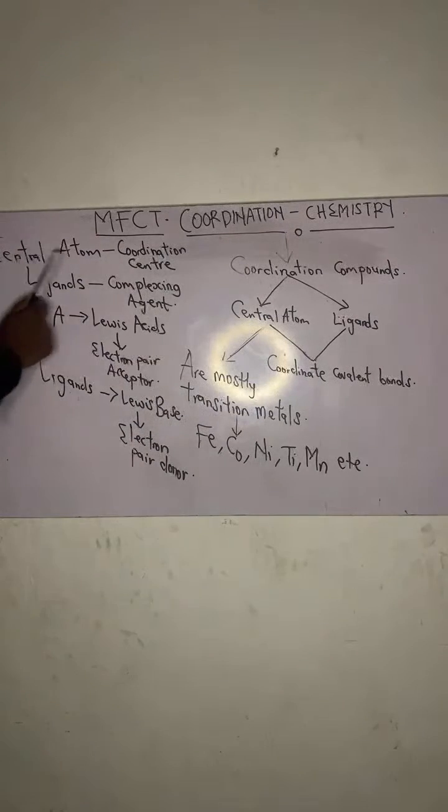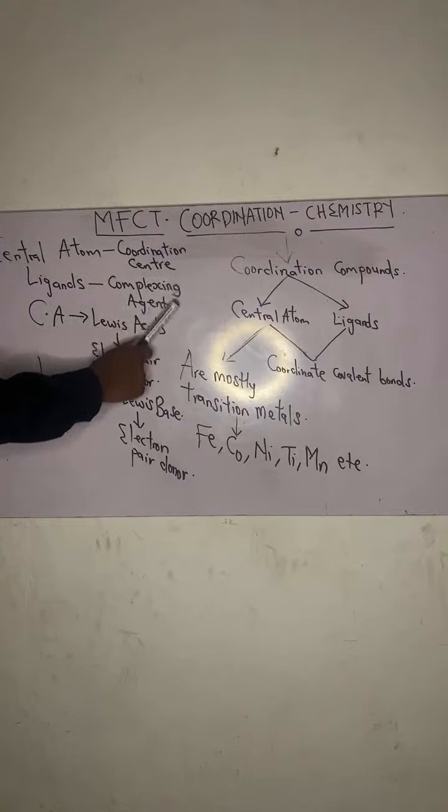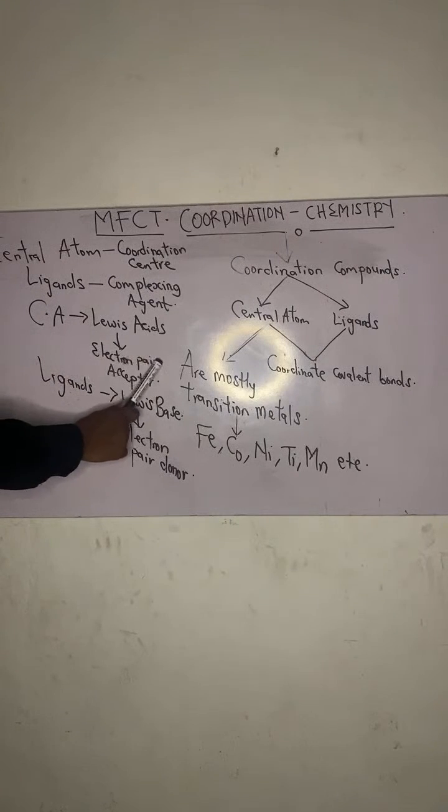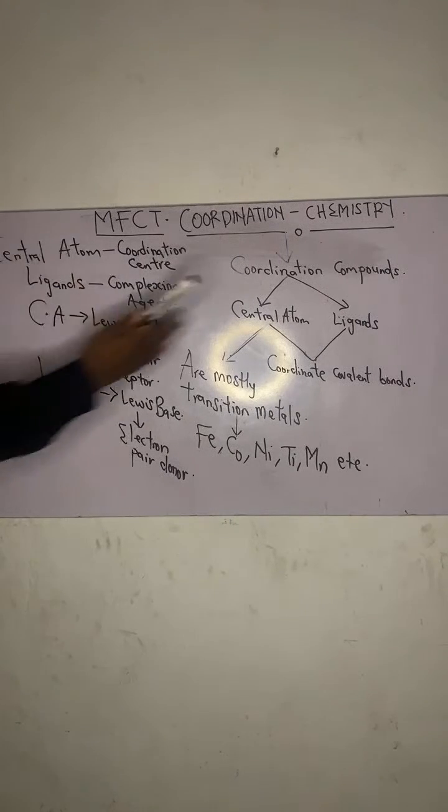So once you have understood these two terms in a coordination compound, that the central atom is also referred to as a coordination center and the ligand is also referred to as complexing agents, you have to know that the central atom is also called the Lewis acid because they are what? Electron pair acceptors. They accept the ligand. While the ligands are what?